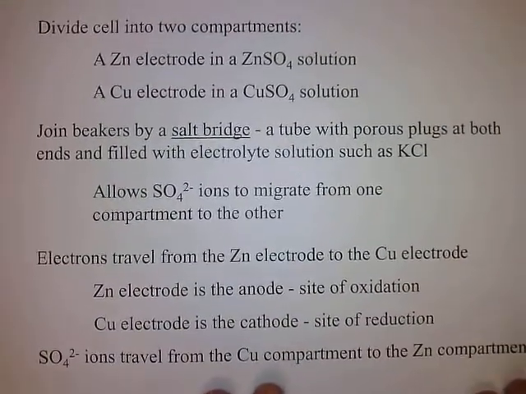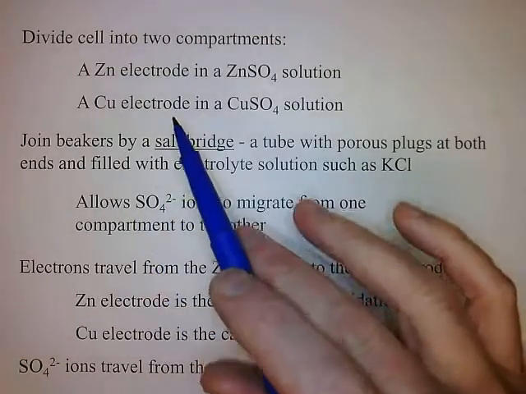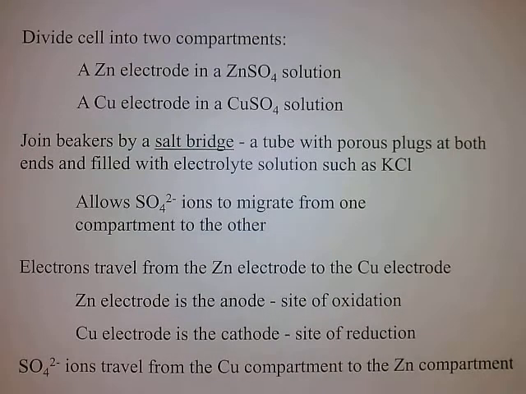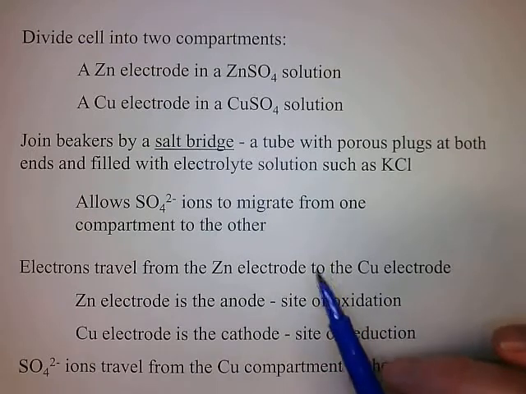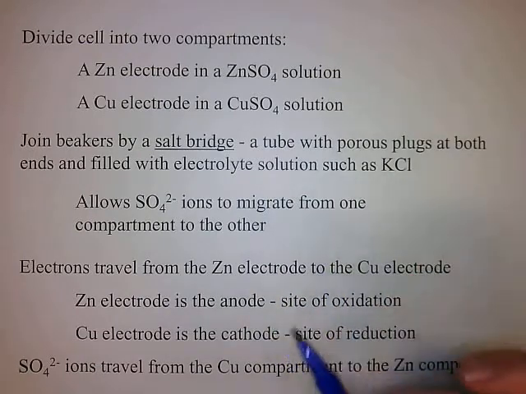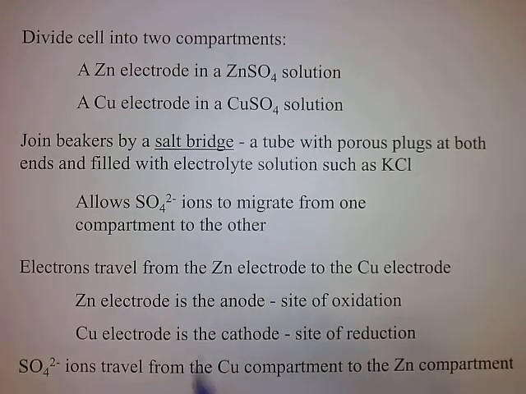What you have to do is divide this into two compartments. Instead of one beaker, we have two. So we have a zinc electrode in a zinc sulfate solution. And again, it doesn't have to be the sulfate. It could be the chloride, it could be the nitrate, whichever. And a copper electrode in a copper sulfate solution.